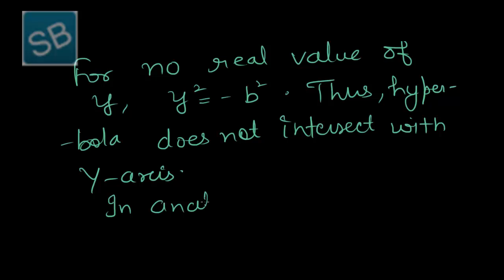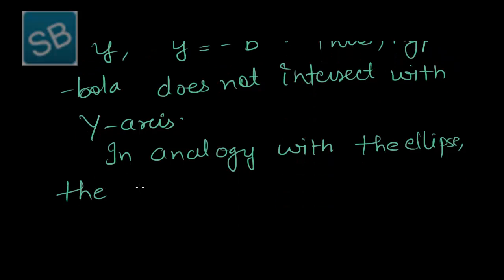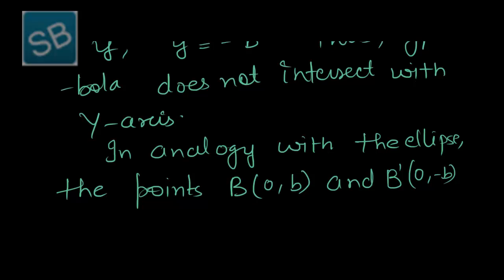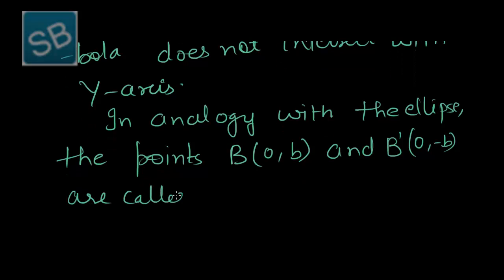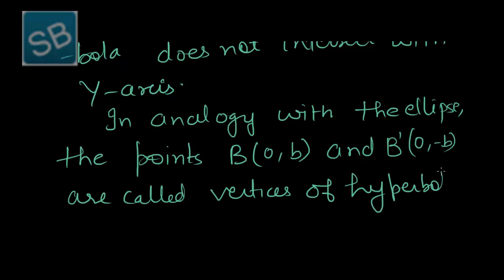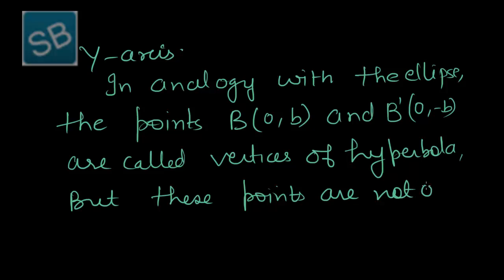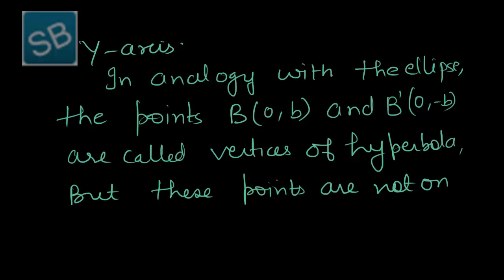But in analogy with the ellipse, the points B with coordinate 0, b and B dash with coordinate 0, minus b are called vertices of hyperbola, but these points are not on the hyperbola.